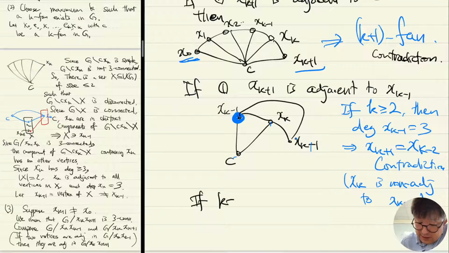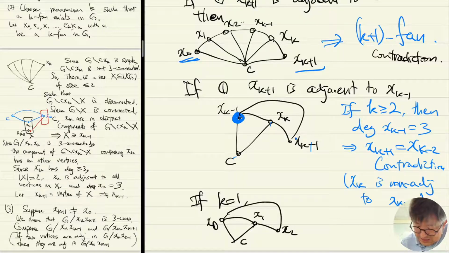If k is 1, then x1 and x2, this is adjacent. And I know that this is the edge that I can contract and make 3 connected.